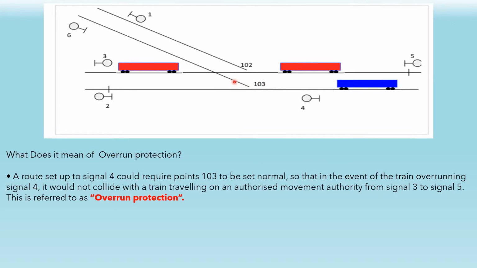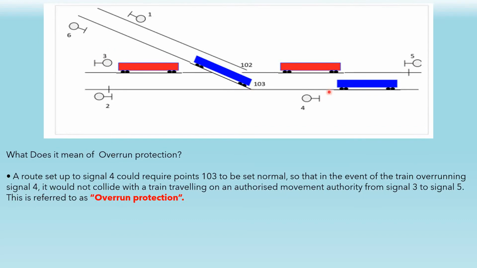in a normal position. So in case there is a misjudgment in controlling the brake by the train driver in the blue train, the train will not move over here and cause a collision with the authorized movement over the main line, which is from signal 3 to signal 5.